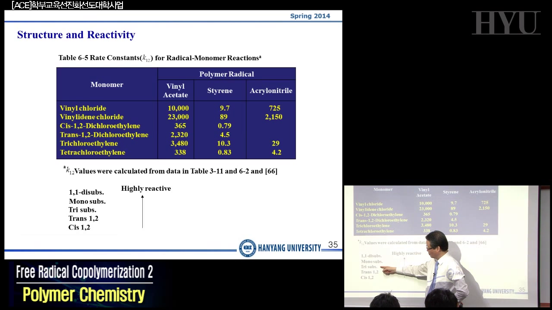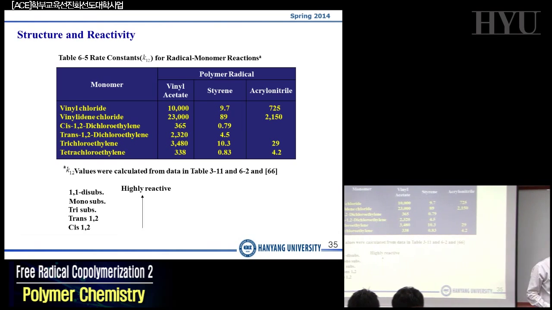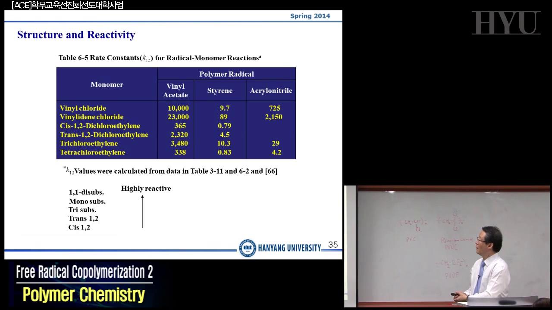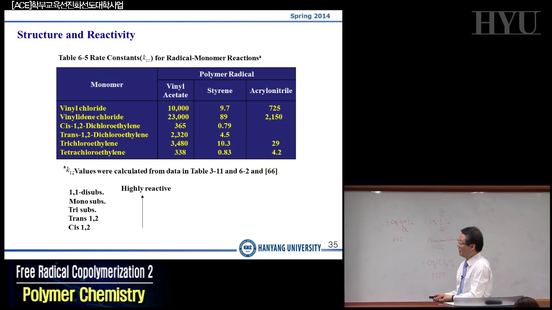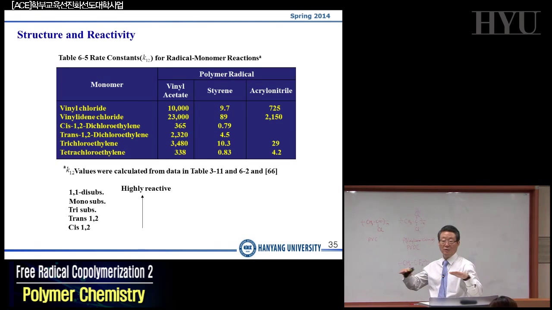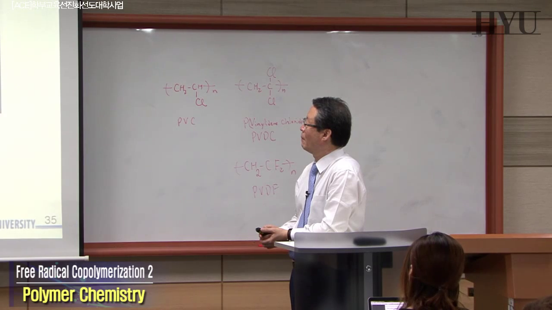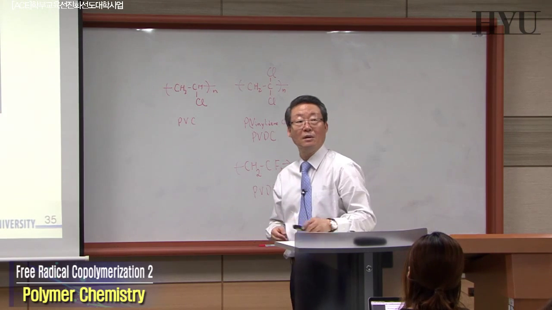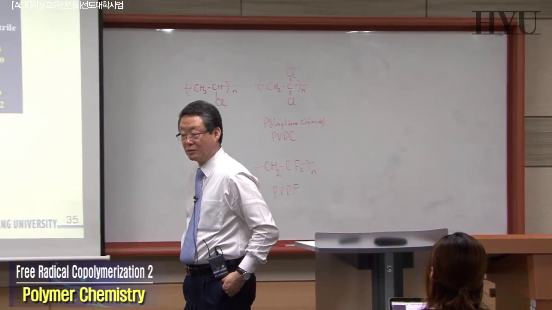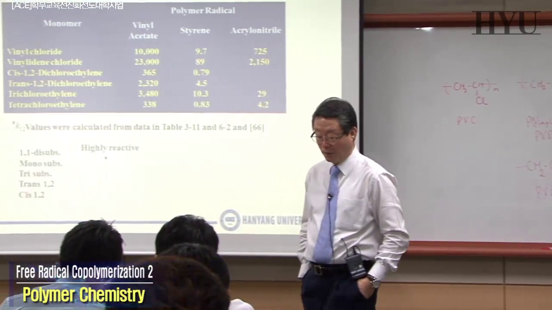And the trisubstituted one follows next. And the trans isomer is easier to make than the cis isomer in this case because of the reactivity. And this tells us the static effect is much more important. Planarity is much more important for our reactivity than others. So this is what I can say about chapter 11 for copolymerizations.